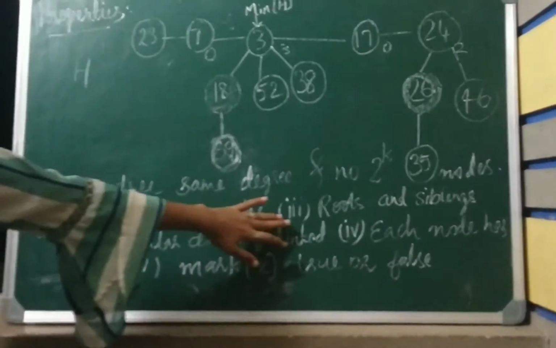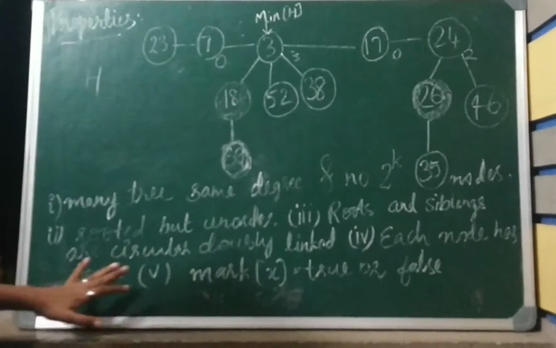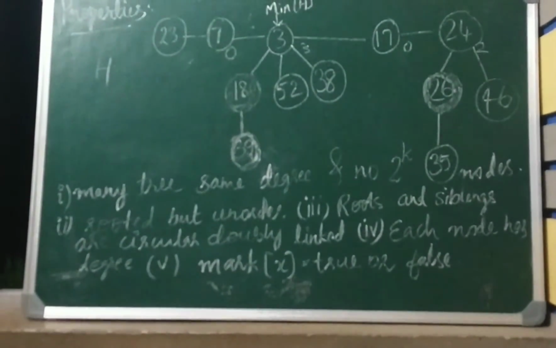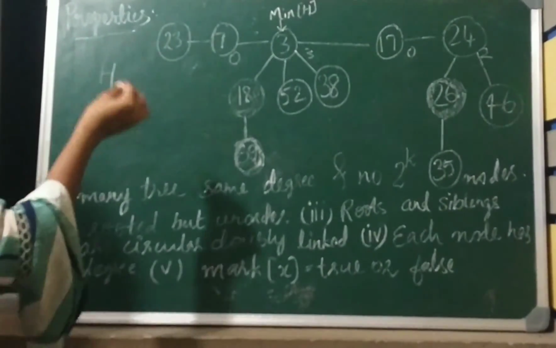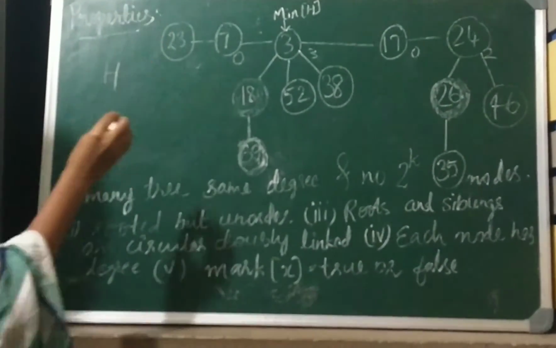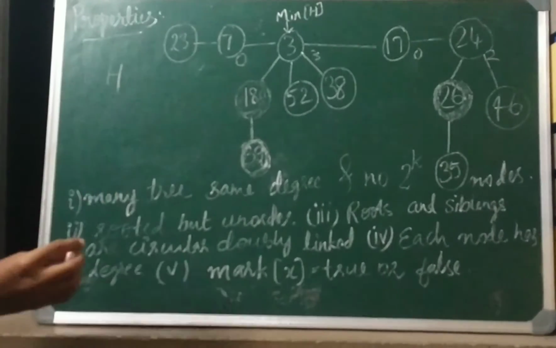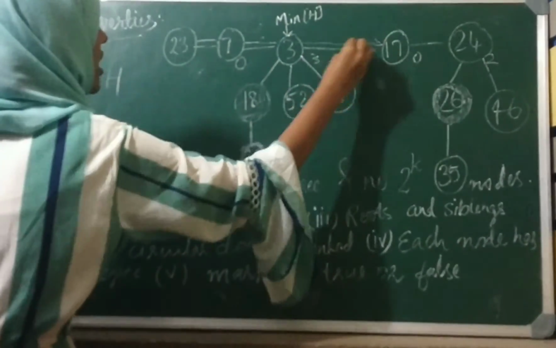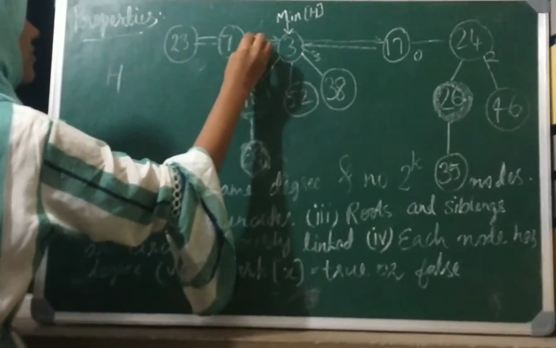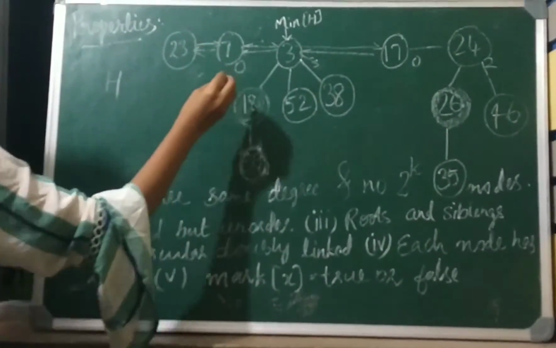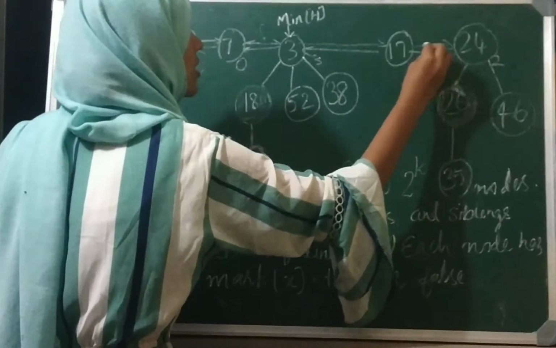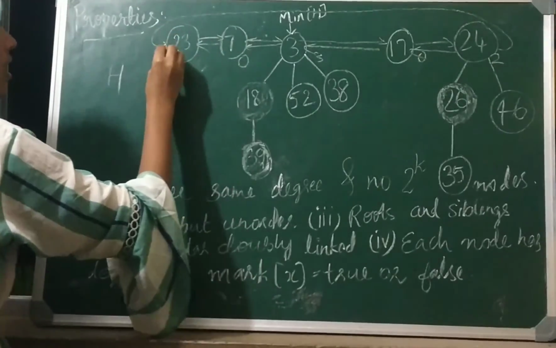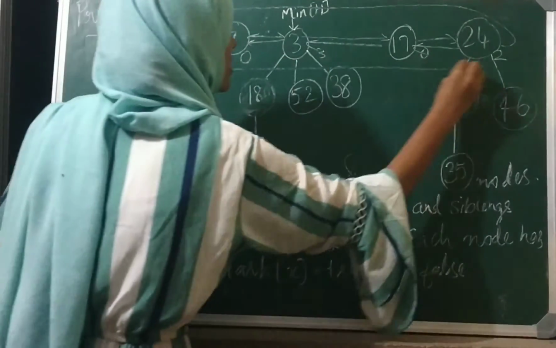Third comes the roots and siblings are circular, doubly linked. It means that in memory representation, this Fibonacci heap is represented as a circular linked list that will be linked to each of these, right, left, right, left, right, left, right, left, and this will be connected here and this will be connected to here.